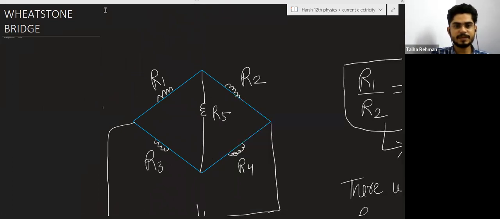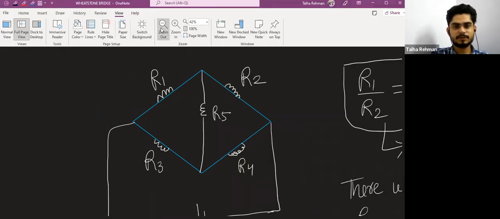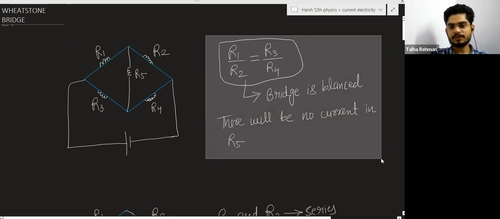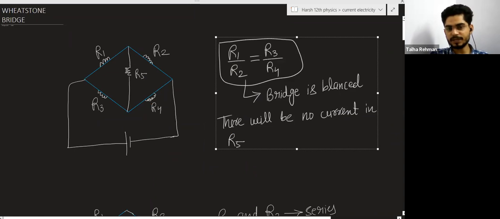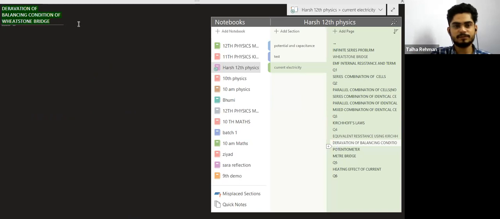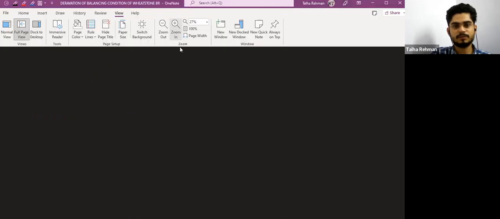At that time I said that if this bridge is balanced, this condition will be followed, that is, if there is no current in this R5 or in this wire, then R1 equals R2, R3 equals R4. But I have not derived this condition, from where this result has appeared. So today you will know from where this result appears.